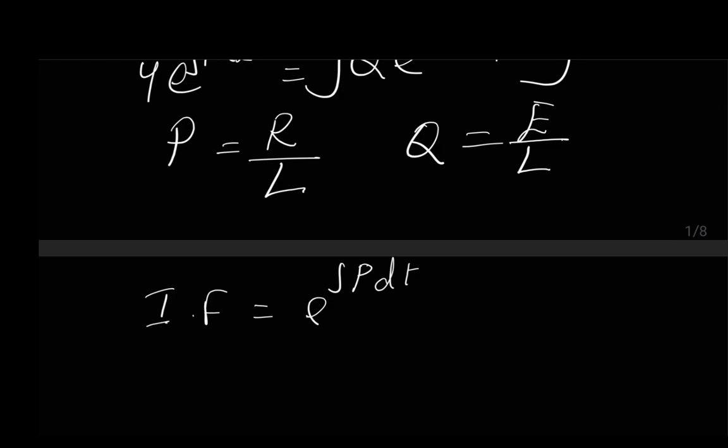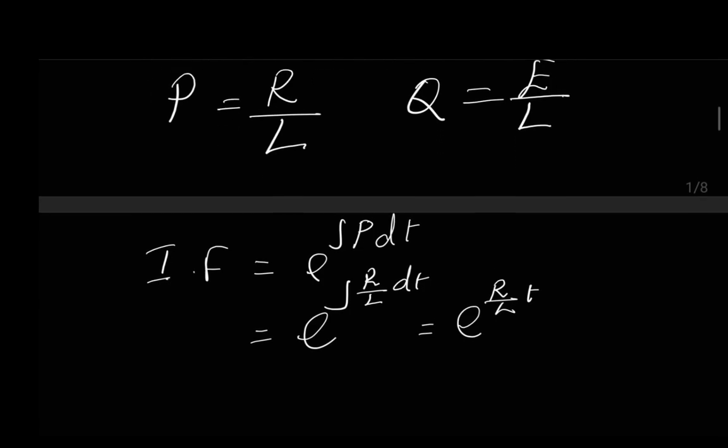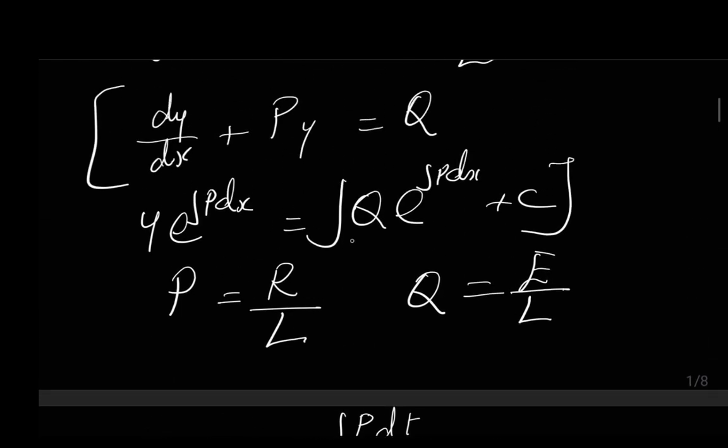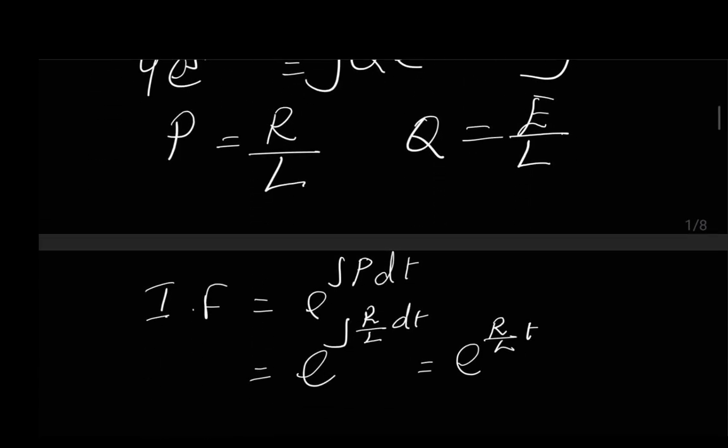Here P is R/L, so e^(∫(R/L) dt). R/L is constant, and the integration of dt is t. So e^((R/L)t). This is your integrating factor.